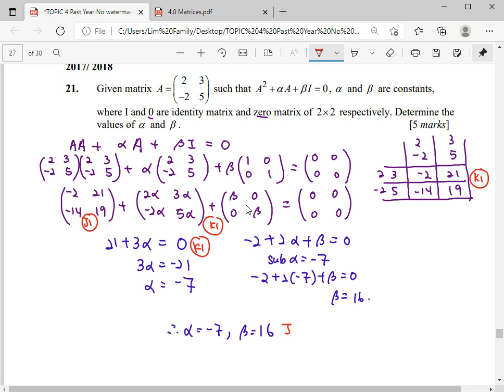Finally, to solve our alpha and beta, we come out to compare here. So we have to compare two equations. This concept is involving how we compare to get alpha, how we compare to get beta.